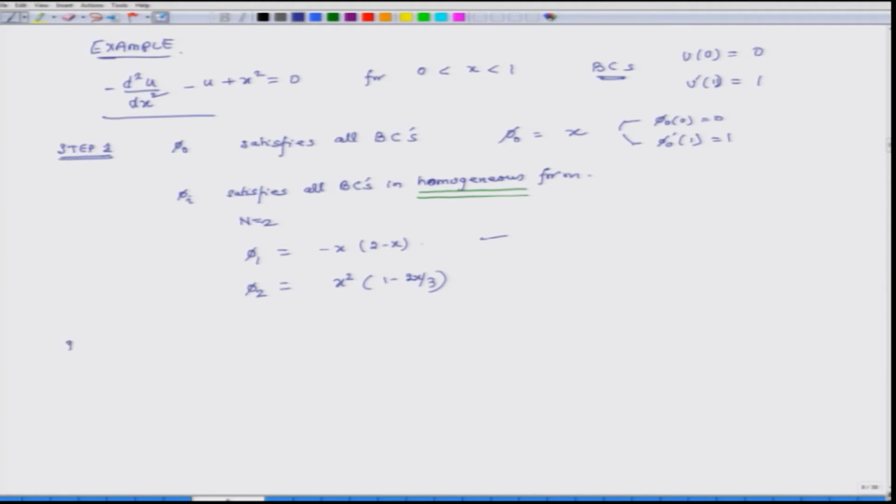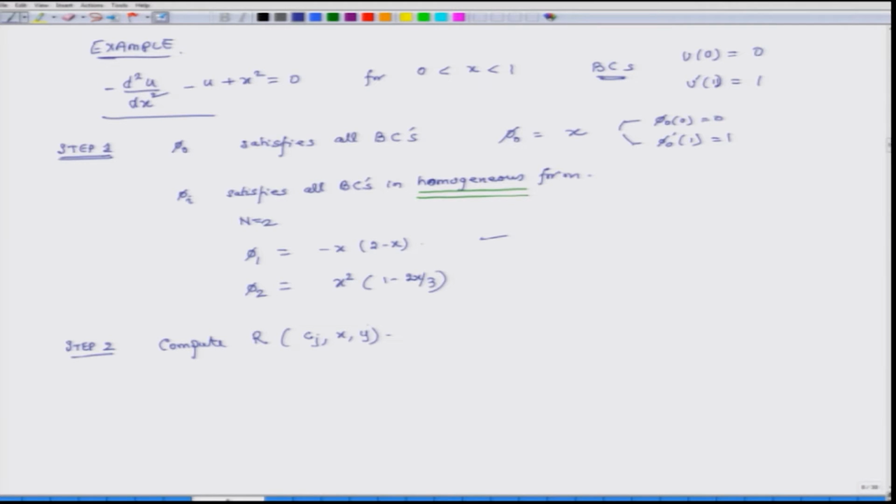Then our next step is to compute R. So R is the residue and this is a function of Cj, x and y.